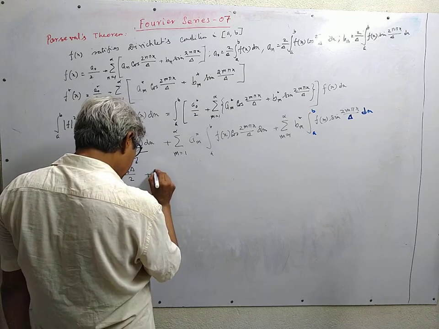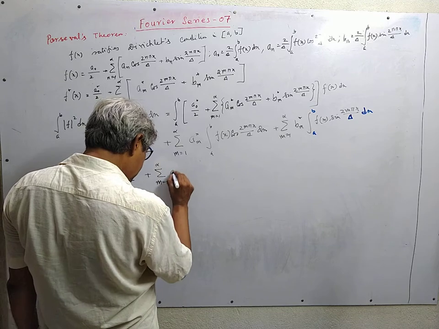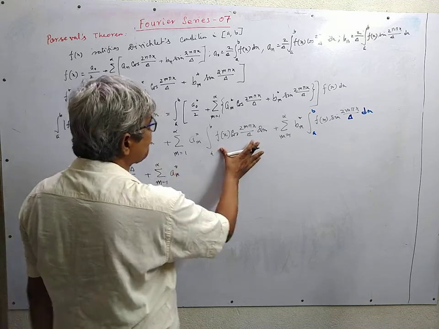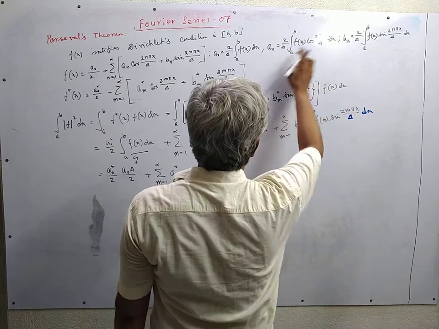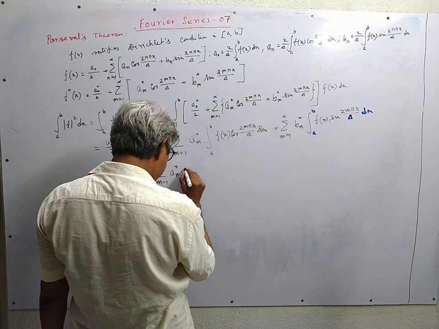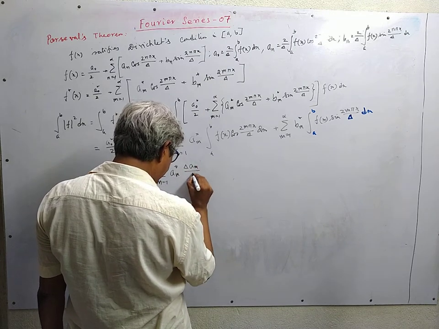Then the summation over m, where am star was there, and this part is delta am by 2.